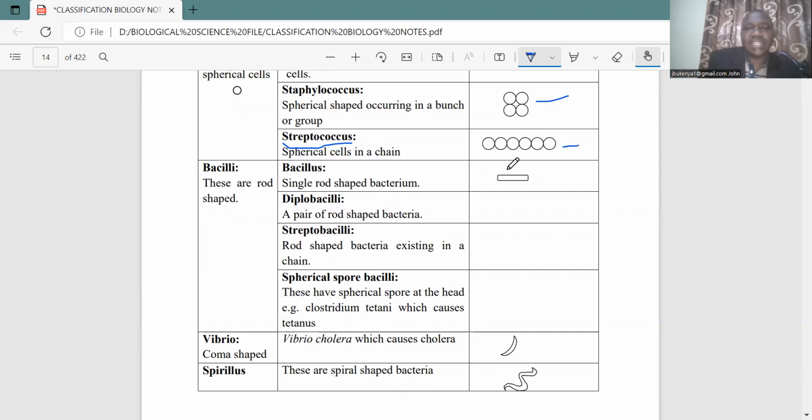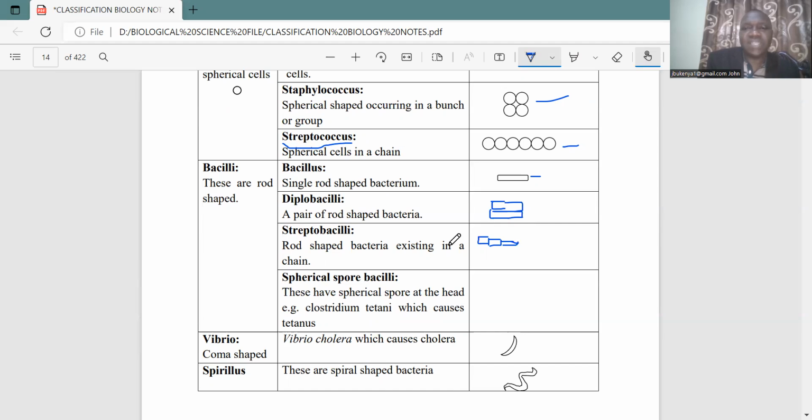Going to the rod-shaped bacteria, those end with the word bacillus. If it is a single rod, then that is bacillus. If it is a pair of rods, that one is called Diplobacilli. If the rods exist in a chain, several rods like this in a chain, then we shall call it Streptobacilli.